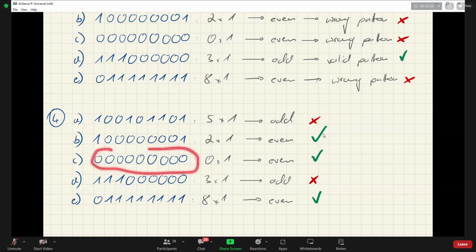If you're counting here the number of ones, that's 0, and that's even. Clear? Sorry, how is no one even? How is 0 even? For the parity, you are counting the number of ones, right?